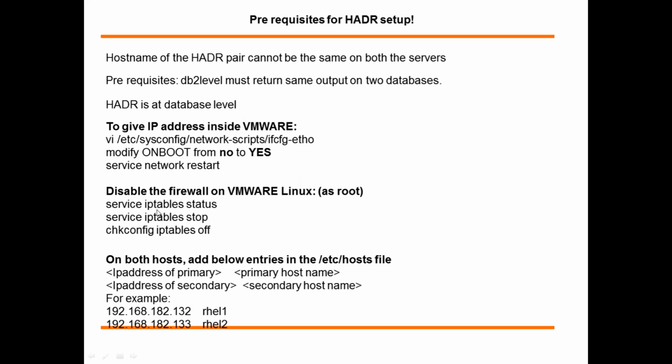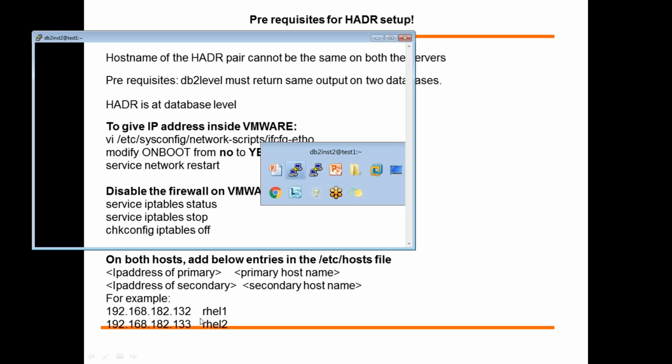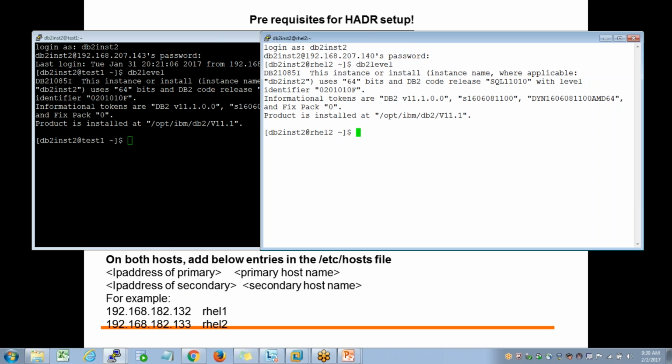In our VM, I'll be making sure that my firewall is stopped already, and all the setup was already done yesterday for federation. So adding the IP addresses, pinging one guy from the other guy.